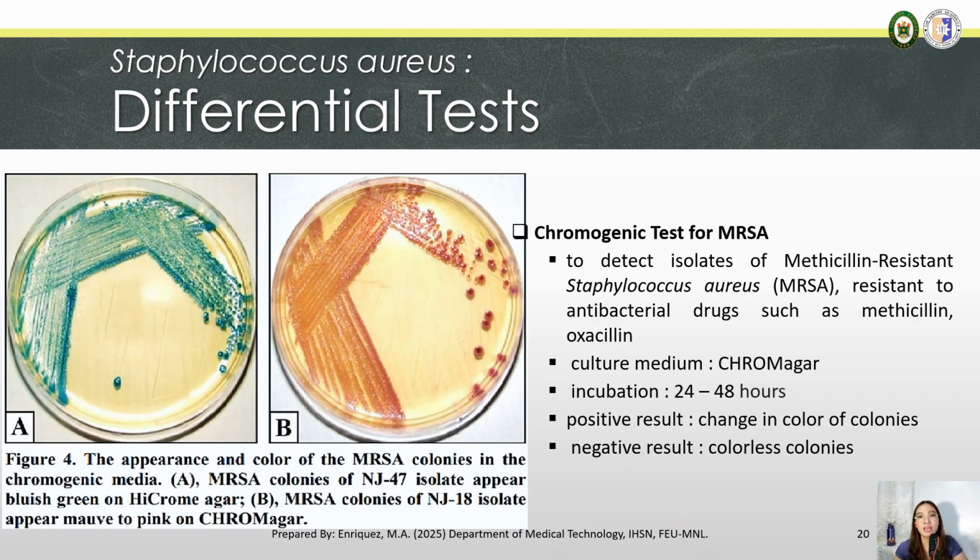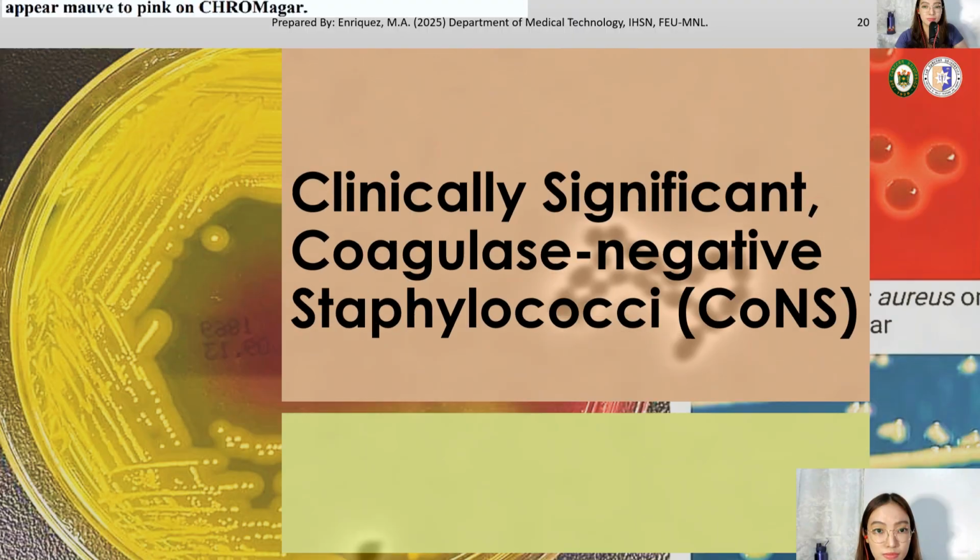Meanwhile, yung figure B naman po is also another MRSA isolate, but this time it was plated on the chrome agar. Okay, so ayun po no, different brands or different manufacturers could have different color indicators that could tell us na yung isolate na nag-grow natin is a methicillin-resistant Staphylococcus aureus.